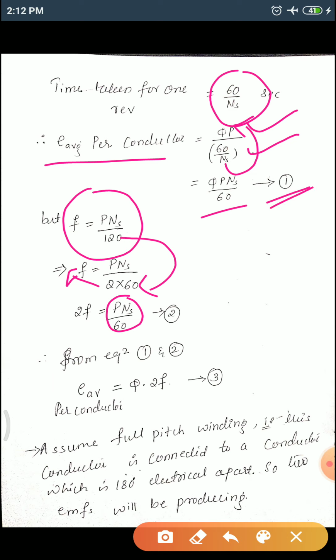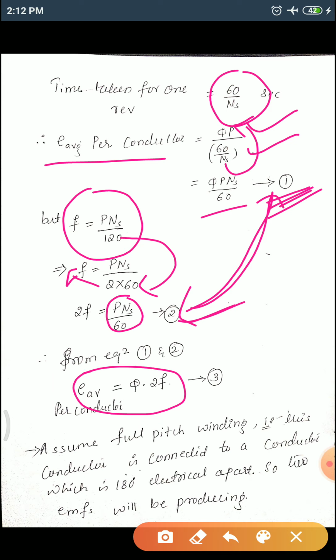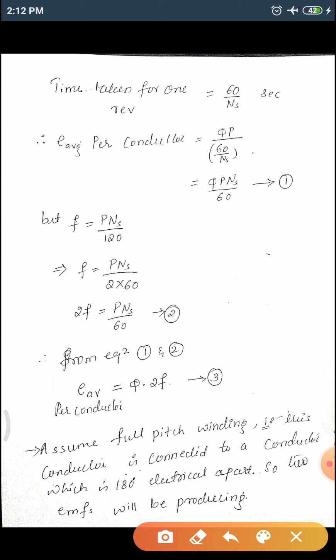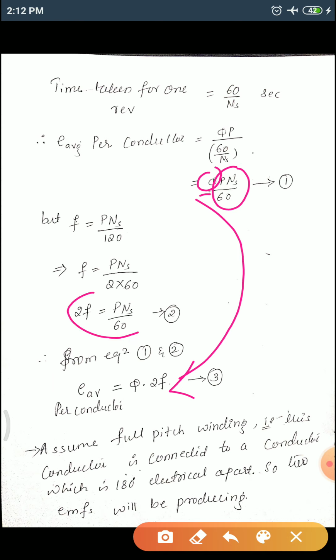Let's call this equation number 1, which is E average per conductor, and this one equation number 2. Therefore from equations 1 and 2, E average per conductor will be equal to phi into, in place of P Ns divided by 60, you substitute 2F, so phi into 2F, by this frequency formula.